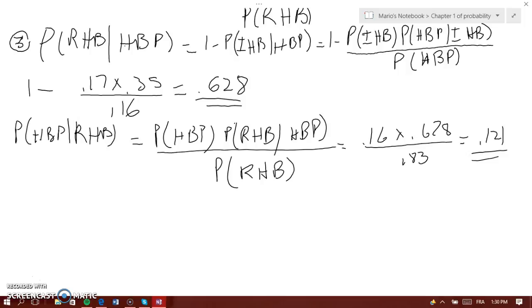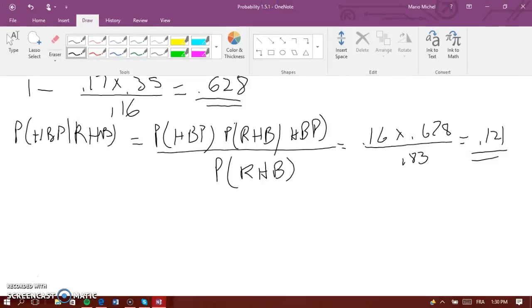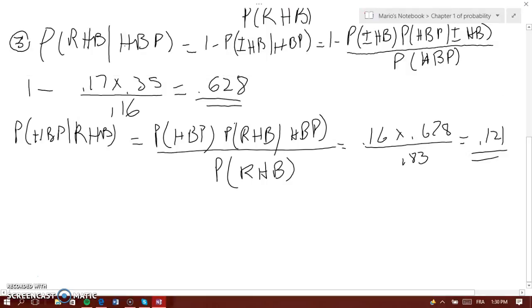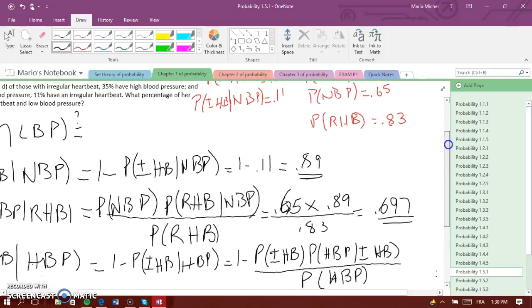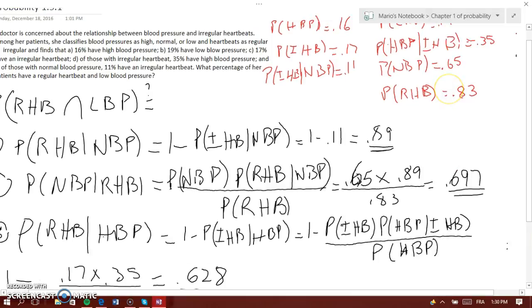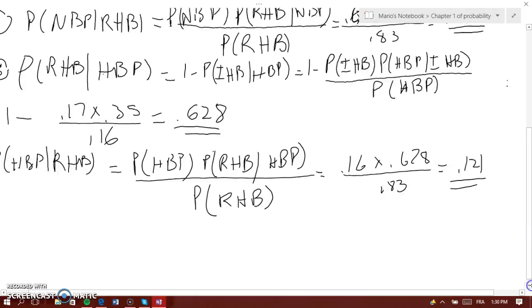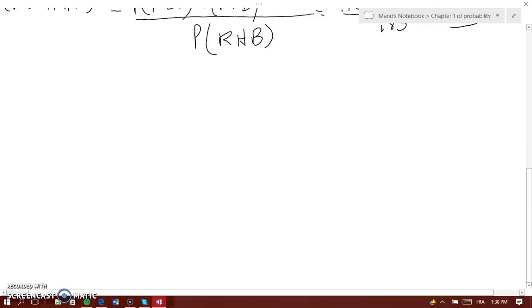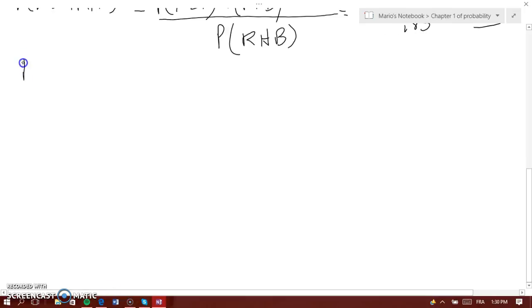Now, the question asked was to find the probability of regular heartbeat and a low blood pressure. So we need to find the probability of low blood pressure given regular heartbeat.